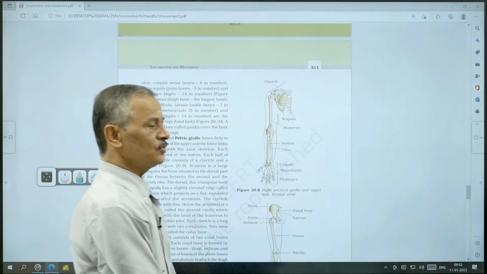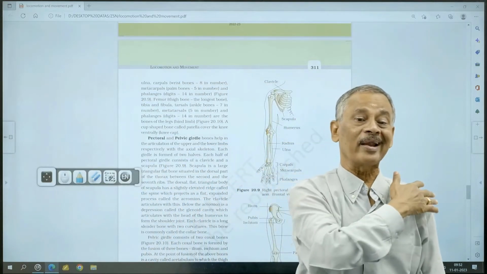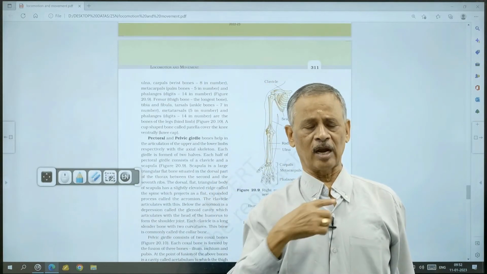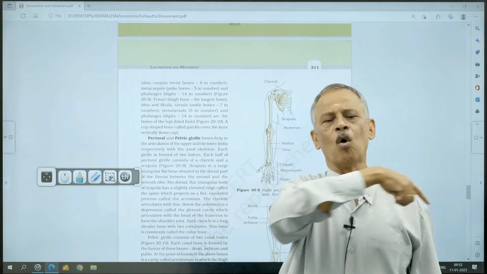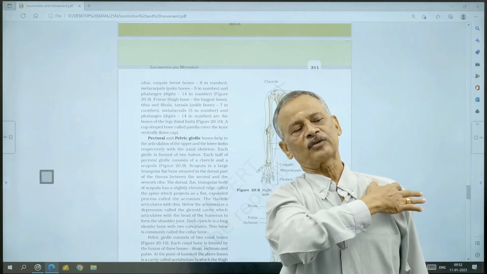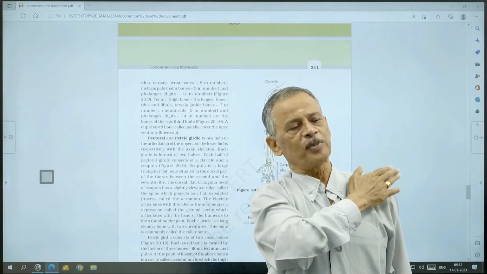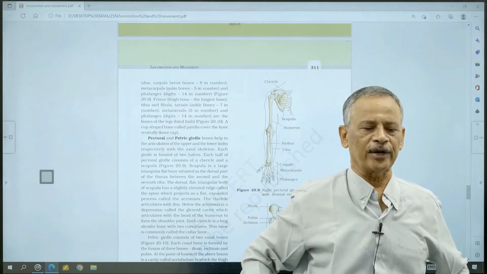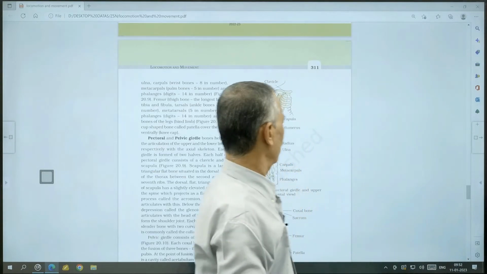The bones of the limbs are not connected directly to the axial skeleton, but they are connected to a ring of bones. That ring of bone is called a girdle. The pectoral girdle gives attachment to the upper limb bones, and the lower limb bones are connected to the pelvic girdle.